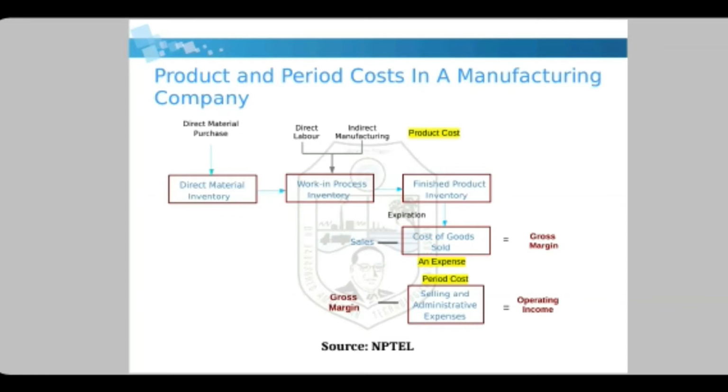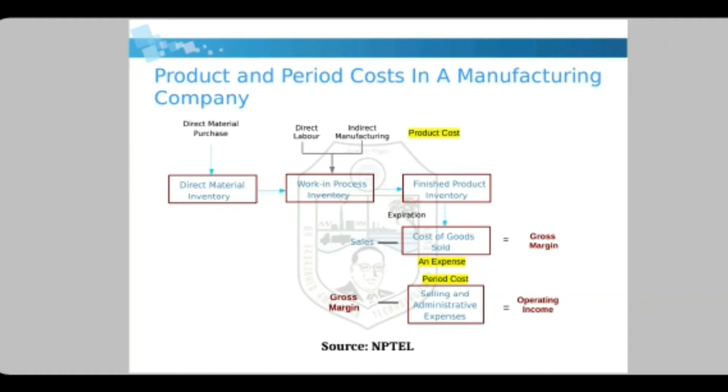Now they will have a finished product in inventory. So all these costs will be added into the final finished product cost, and that will be your product cost. When you sell some part of the finished product, that will become your expense, right?